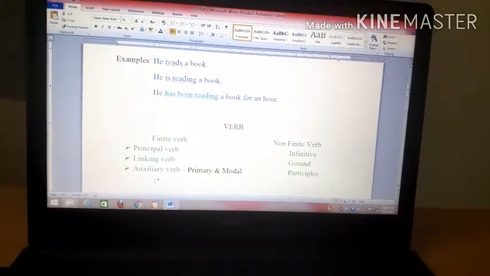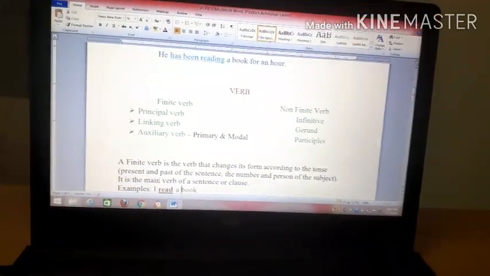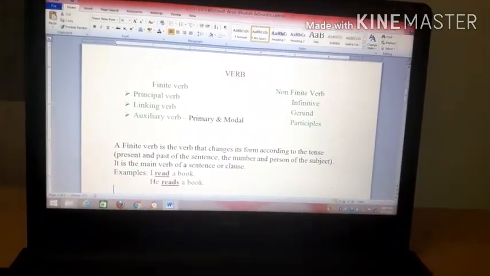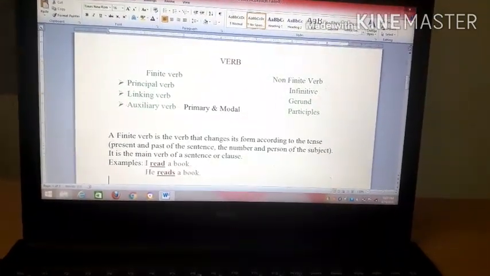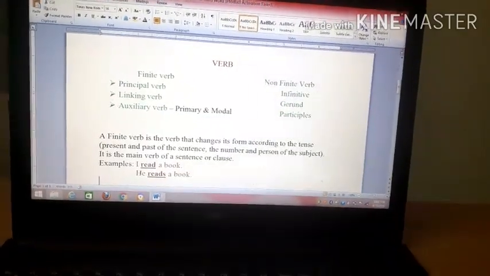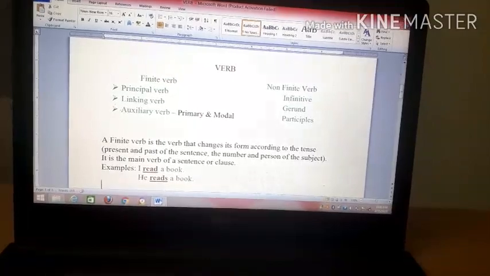So we must know what a finite verb is. A finite verb is a verb that changes its form according to the tense, present or past, of the sentence, and the number and the person of the subject. See the example I have given. He reads a book.